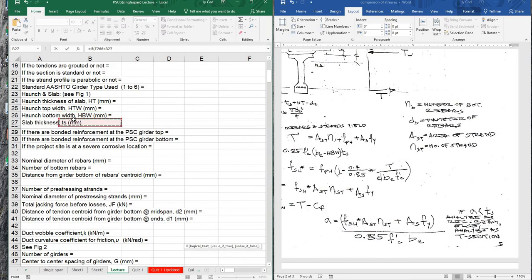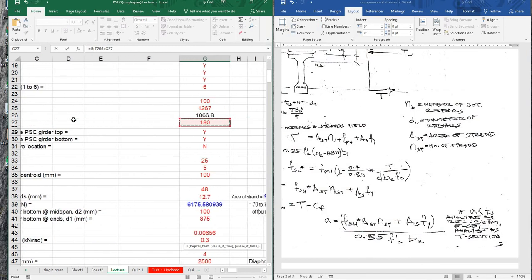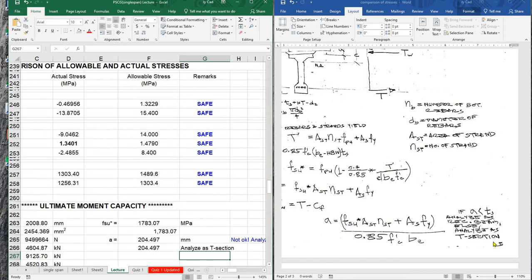Ito. Then, print analyze as rectangular beam. Otherwise, analyze as T section. Okay? Yan. Okay, so analyze as T section natin siya.